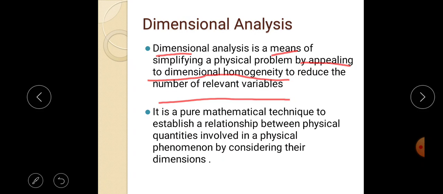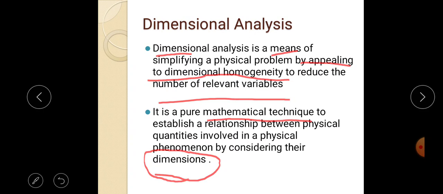And it is a pure mathematical technique to establish a relationship between physical quantities involved in a physical phenomenon by considering their dimensions. As I have said earlier, in dimensional analysis we are mainly concerned with the dimensions.